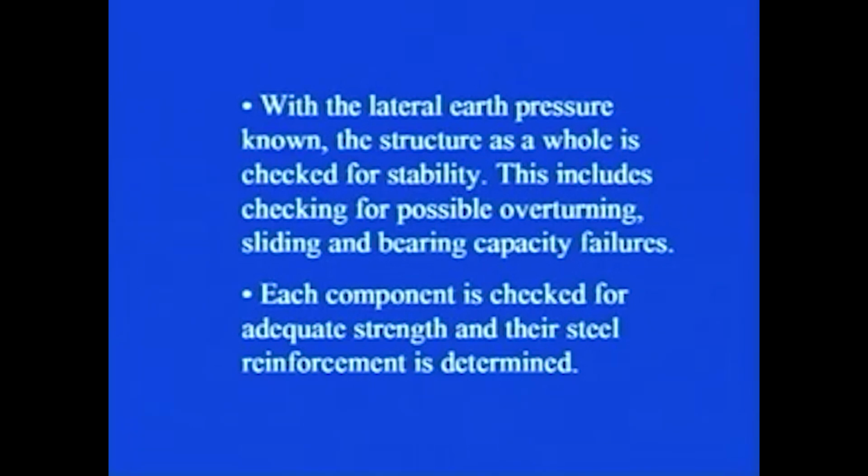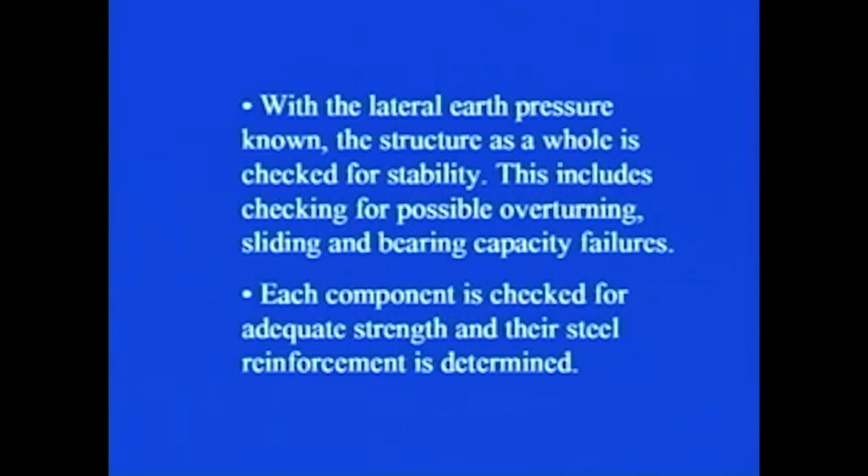So, first we have to have some preliminary idea about the tentative dimensions, and once we fix these dimensions tentatively, then we go for checking the stability, whether the wall is stable corresponding to these preliminary dimensions of the wall.